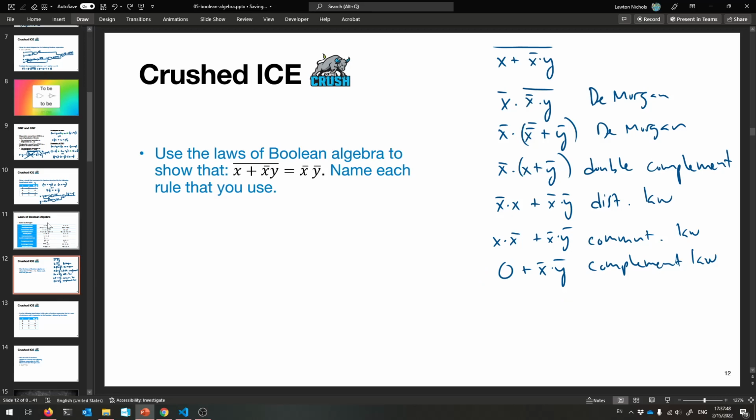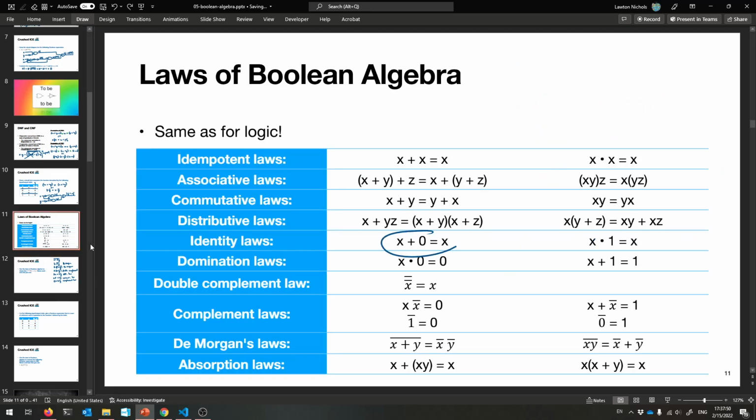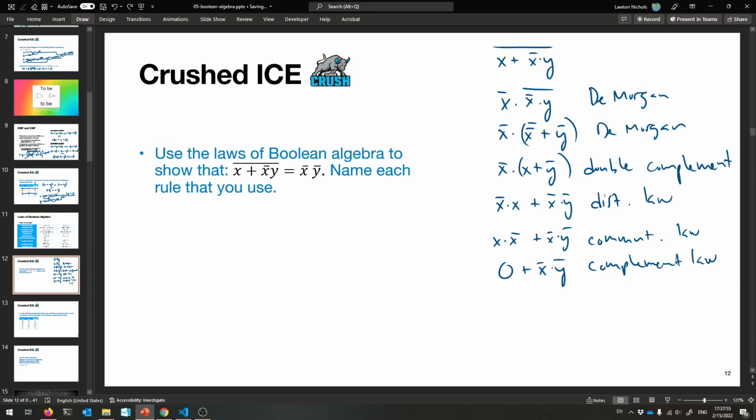Now I can get rid of that 0, because 0 ORed with anything is that thing, but I need it on the right, don't I? So let's use another commutative law. X bar y bar plus 0. So another commutative law.